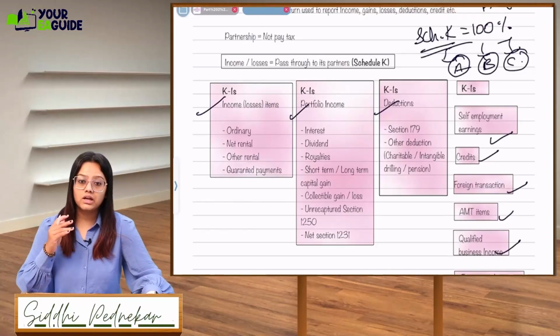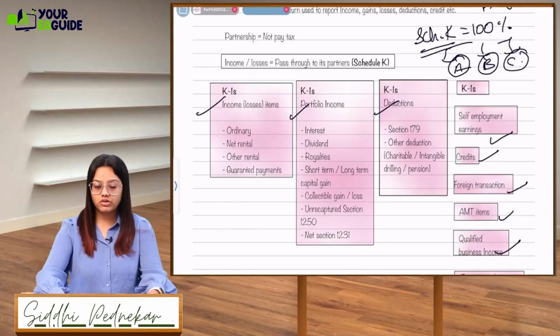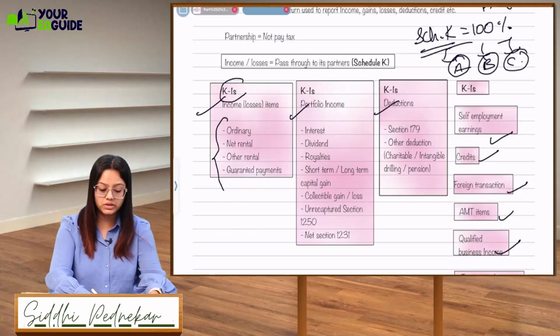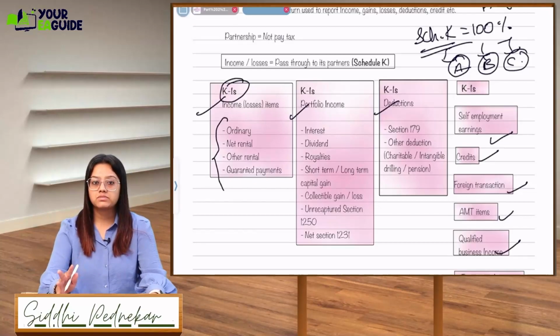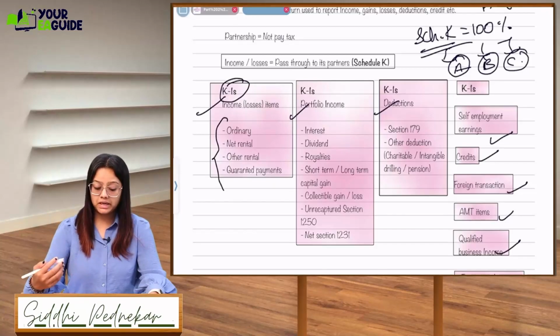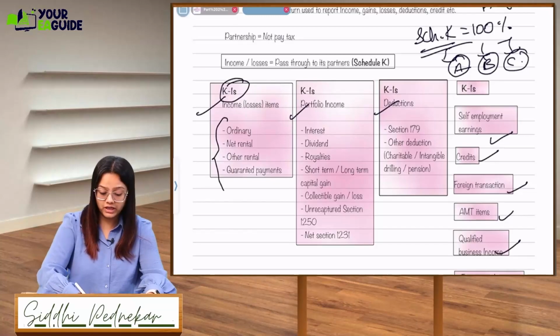Wherever in a question you see ordinary income, net rental, other rental, or guaranteed payment, all these are shown as separately stated items on Schedule K1. If it's portfolio, all the passive income, interest, dividend, royalty, short-term and long-term capital gain, collectible gain or losses, unrecaptured section 1250 gain.